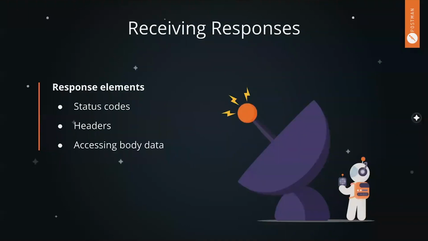Hopefully, when we send a request, we're going to get a response. We might get an error response, but hopefully we're going to get some sort of response. One of the core pieces of data that you're going to get back in your response is the status code. And that is going to indicate the success or failure of the request. There's a lot of different detail that you can get in there.